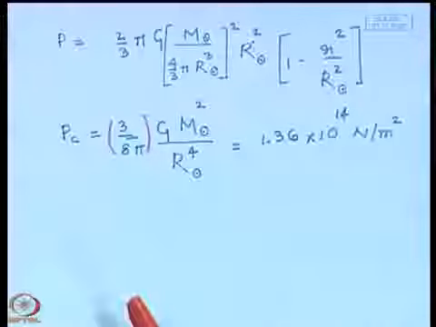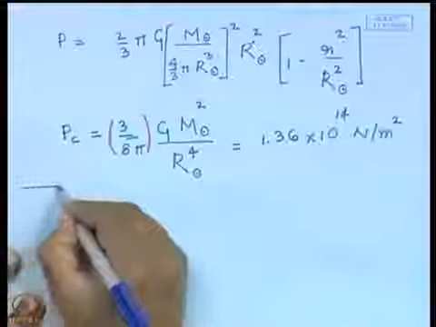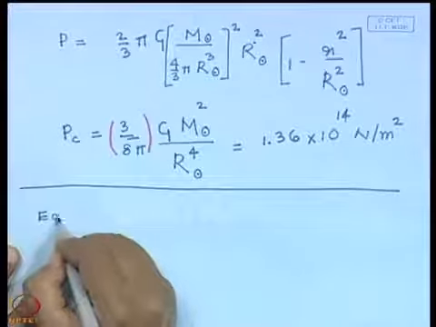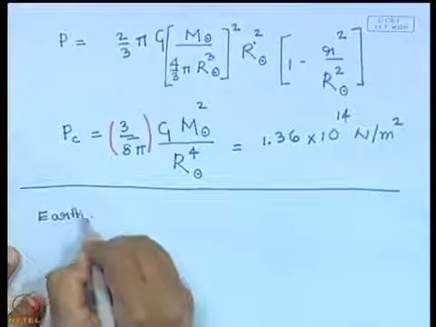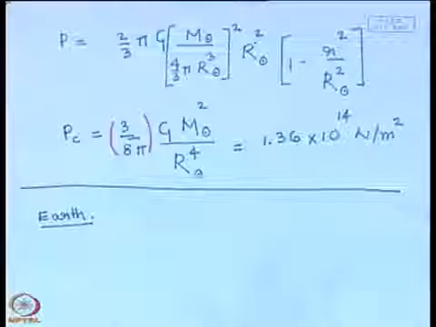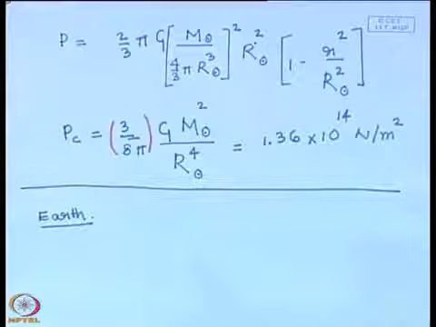For comparison, let us also estimate the pressure at the Earth's surface. At the Earth's surface, we know the pressure is equivalent to 76 centimeters of mercury, and we know the density of mercury.